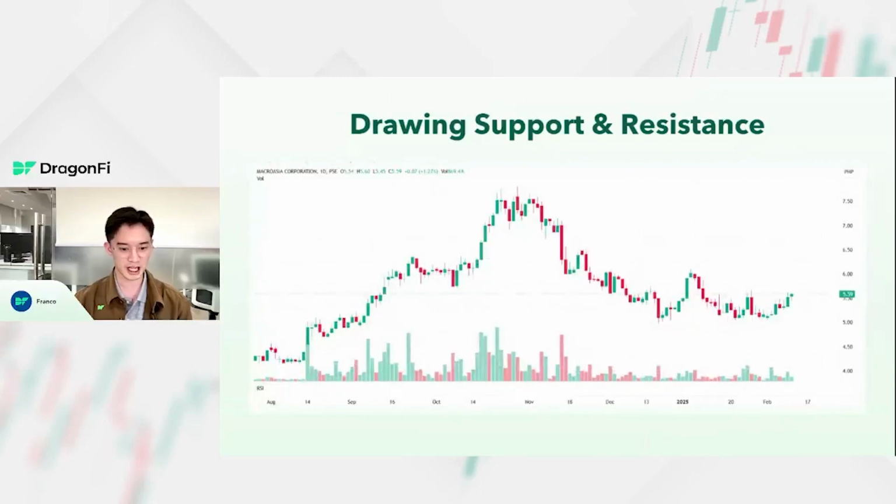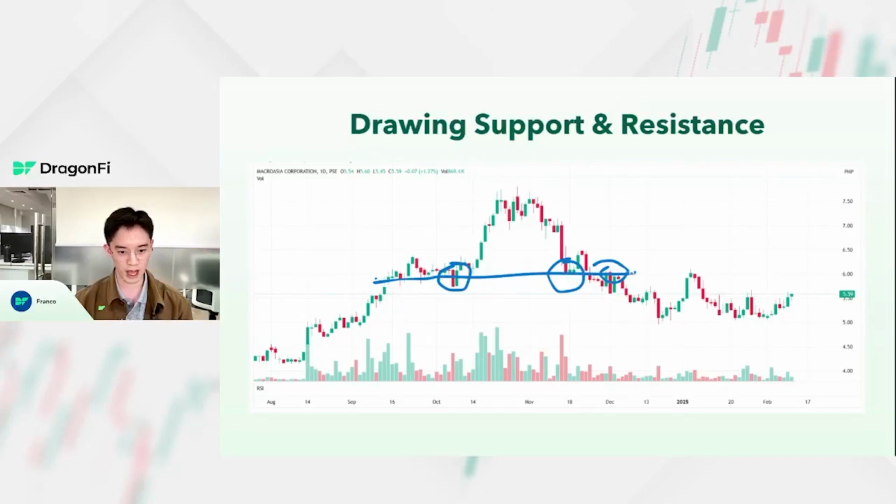The next example here is Macro Asia. In this example, I will show you that sometimes a support level becomes a resistance level. For example, we have Mac here, which has tested support at this level. You see it bounced off of this point and this point again, but eventually it broke down, right? So here you see that now it's acting as a resistance level.